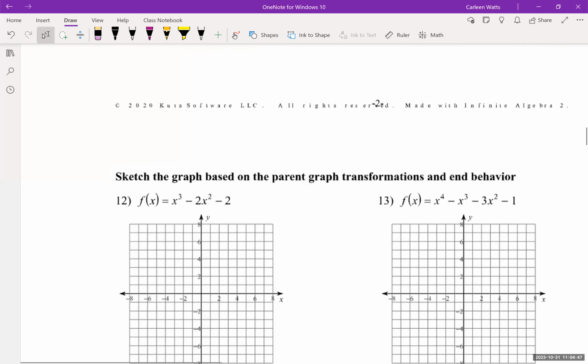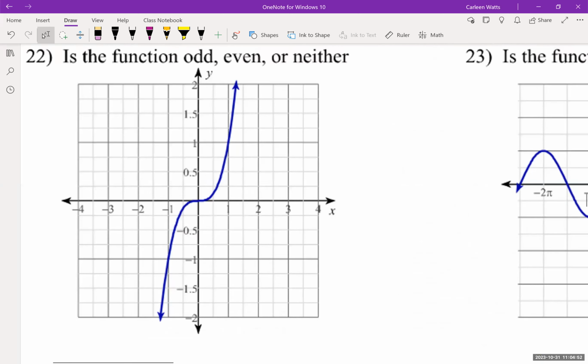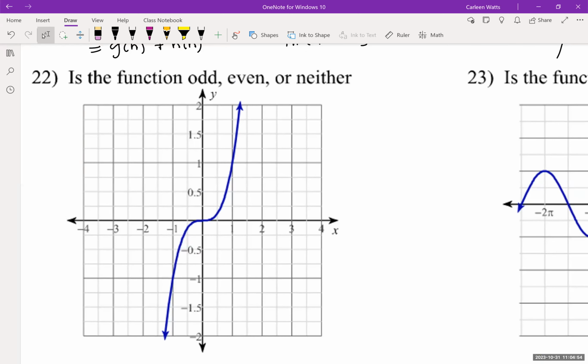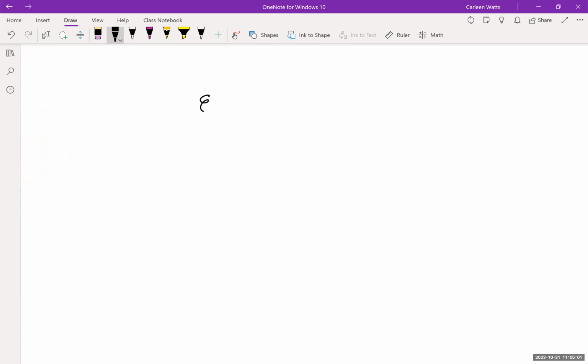Okay, so we talked about this last week. Odd, even, or neither. Let's remember that for an even function, the parent graph is a parabola, which means you can fold on the y-axis.